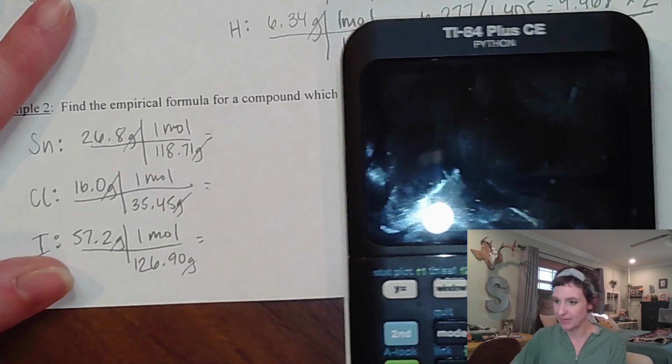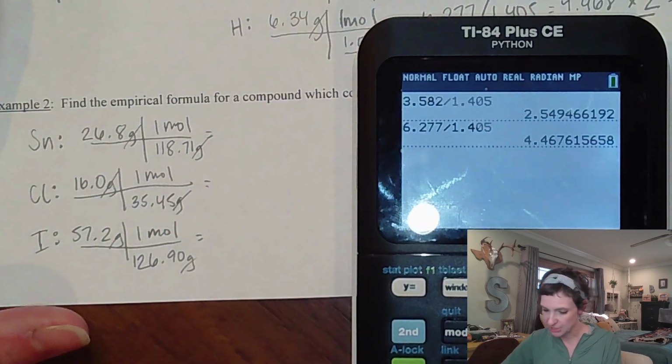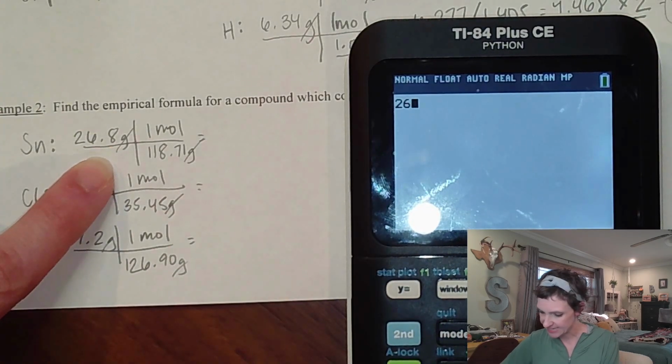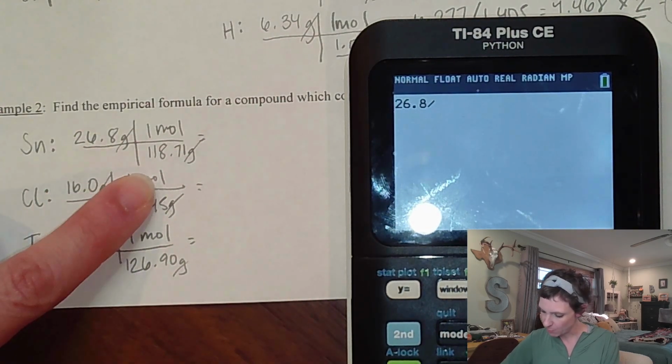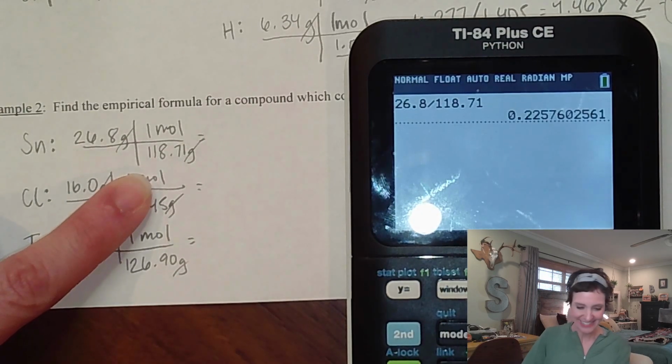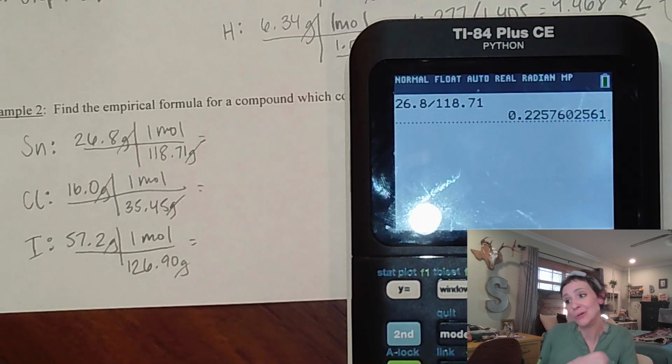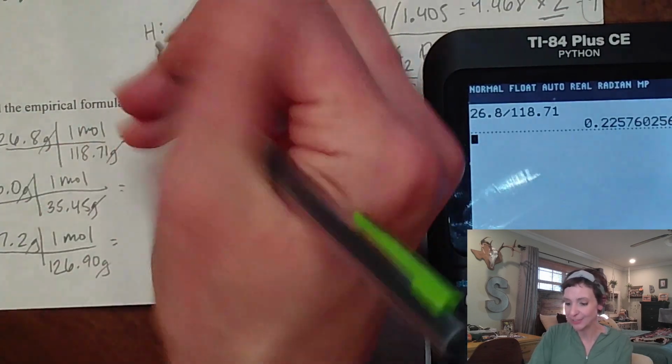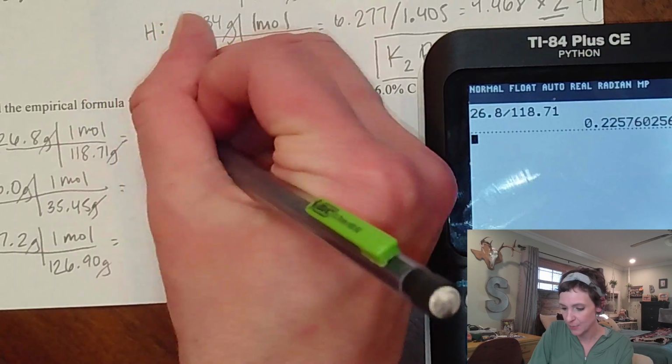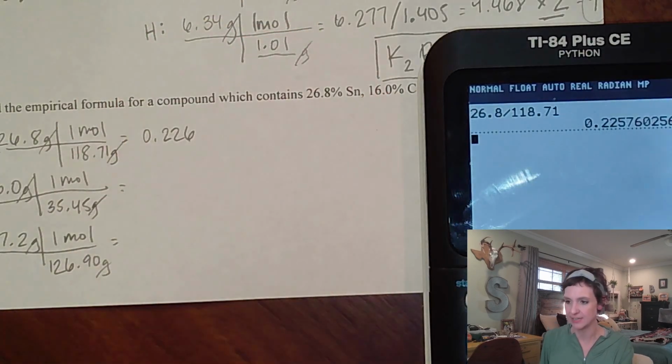Okay. Percent to mass, mass to mole. All right, so let's see what we get from our results for doing step number 2. For my tin, I got 26.8 divided by 118.71, and I get 0.2... Do not round too short. The rounding does not matter at the end, but we do need to have a little bit left, right? So I'm going to say 0.226. That sounds good to me.